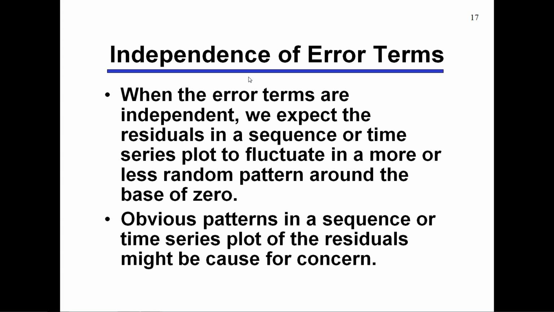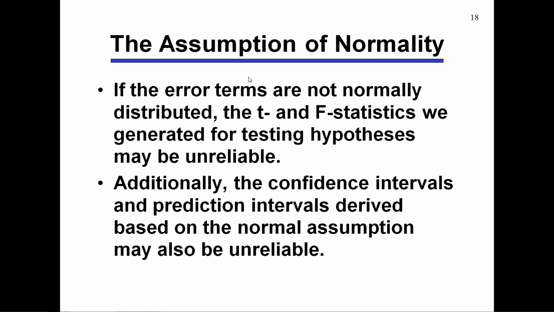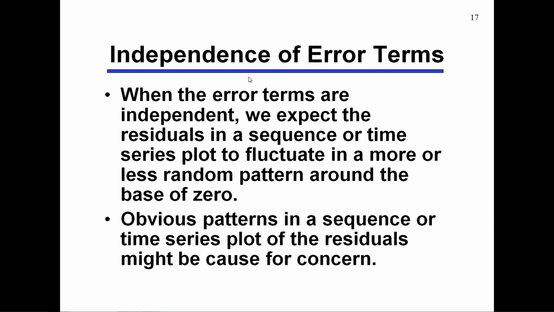And if there is, then that's evidence that we have some correlation perhaps between the error terms, and we would have to try to fix that in some way. And we'll talk more about that in the follow-on course, Linear Regression 2, Math 431.